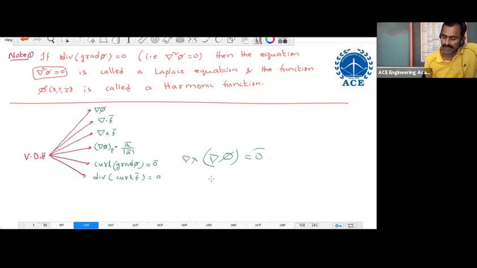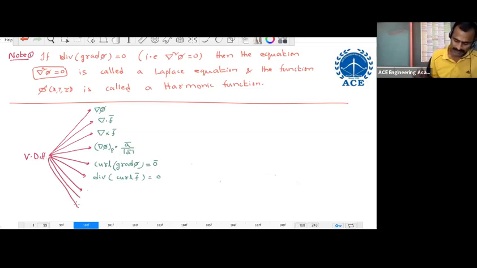Then this is always 0 bar. Randomly take one vector function, find the curl, it is also a vector. For this vector, if you find the divergence, this is always 0. That is why every gradient is irrotational. Every curl is always solenoidal. Next, we will see 3 more results later, while doing the problems.